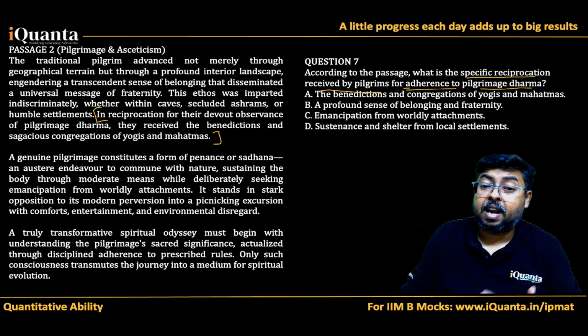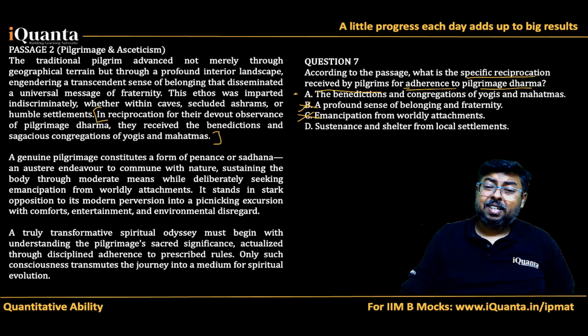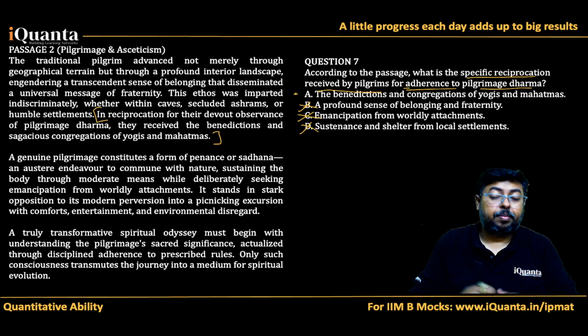D, sustenance and shelter from local settlements, is definitely not mentioned, so it is going away. But B and C are very close to your thought process, just because they are already present in the passage. So sometimes it can actually create a big trap. You need to be very clear, calmly go across this and you can do this question. So what is the answer? The answer is A part.